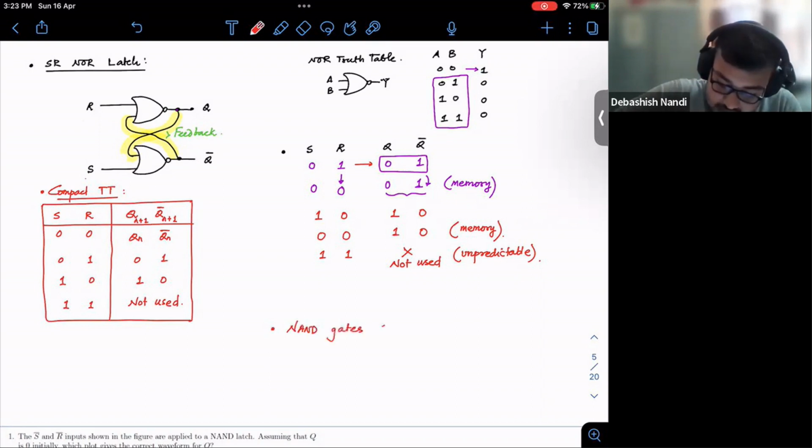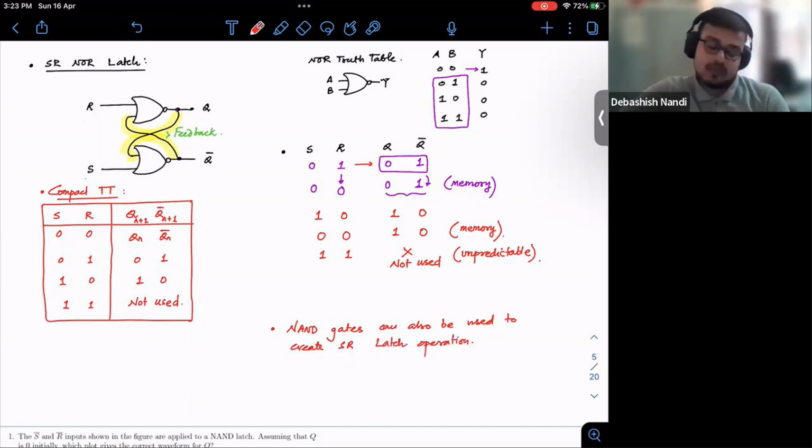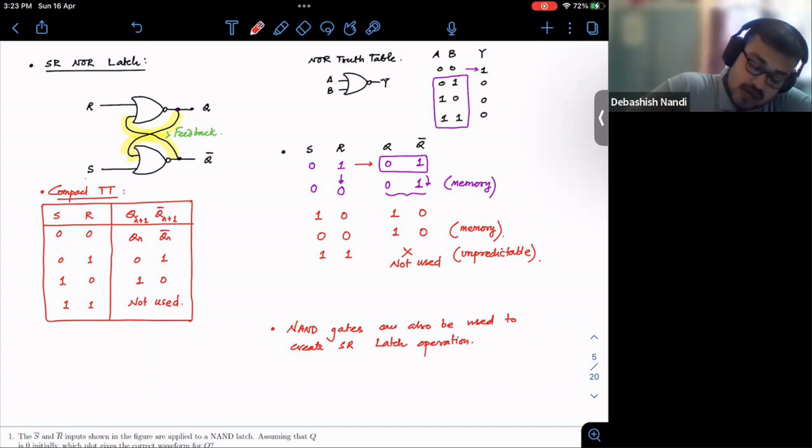NAND gates can also be used to create SR latch operation. And how does the name come about? Name comes about like this: this is your output, right?